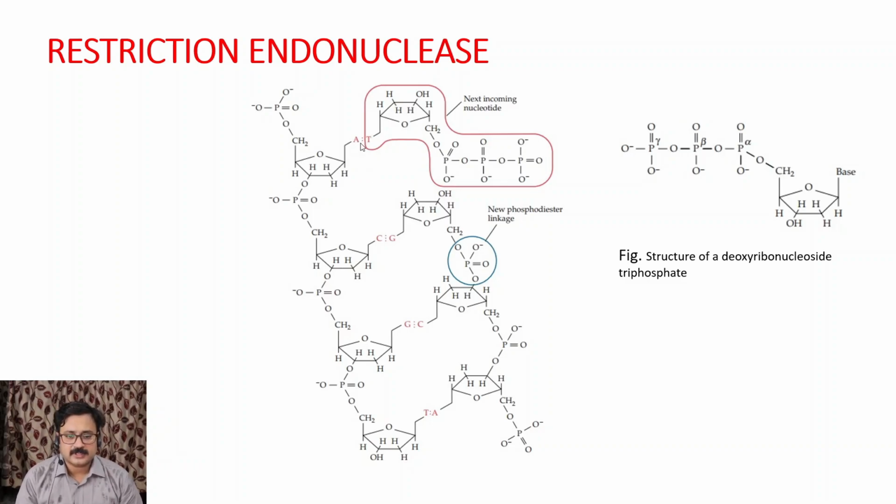But the problem here is that these hydrogen bonds are relatively weak bonds. I have created a separate video on the structure of DNA, so the link will be given in the I button. If you are interested, you can have a look at it.